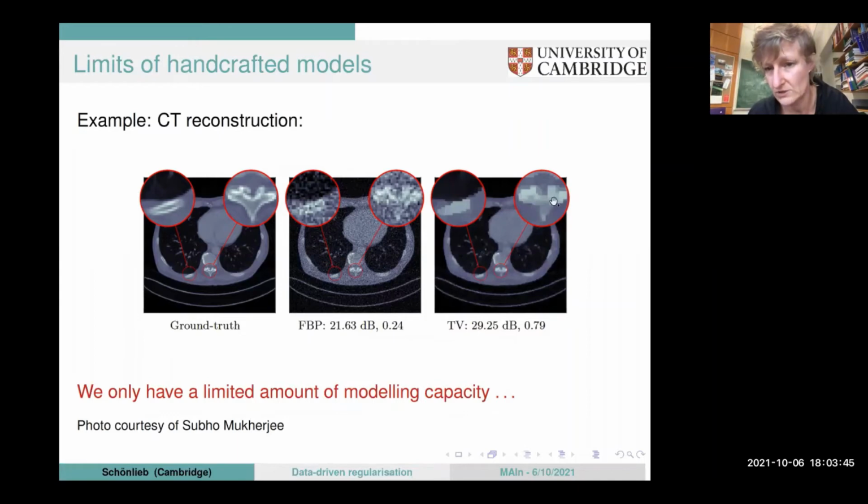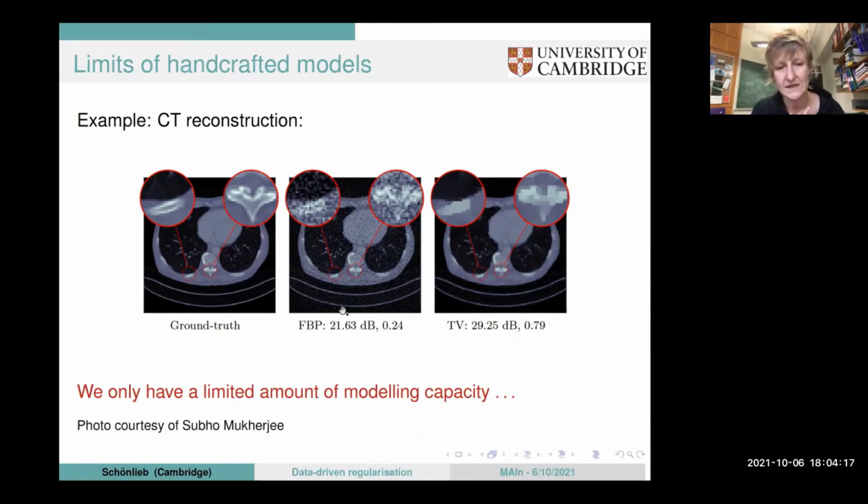Total variation is really doing this kind of blocky, very rough reconstruction. And the reason is just that we have limited modeling capacity, limited by our ability to formalize things, maybe, but also by our ability to then solve the variational model that comes out of what we are thinking could be a good fit to the kind of structures we see in this image.